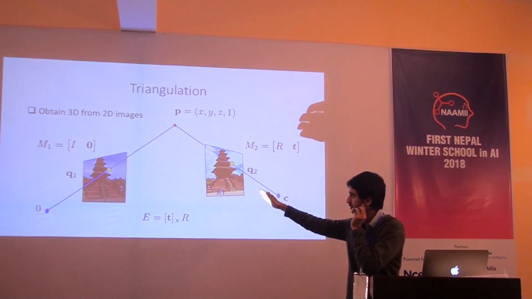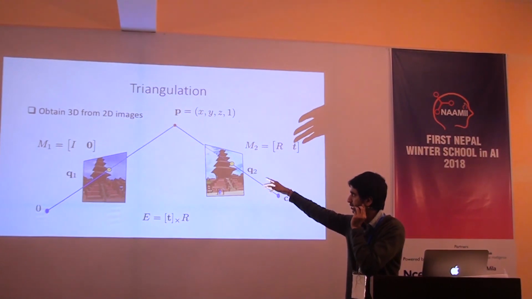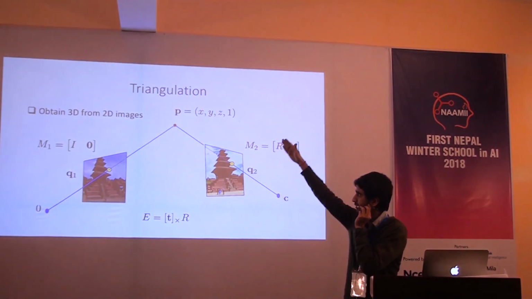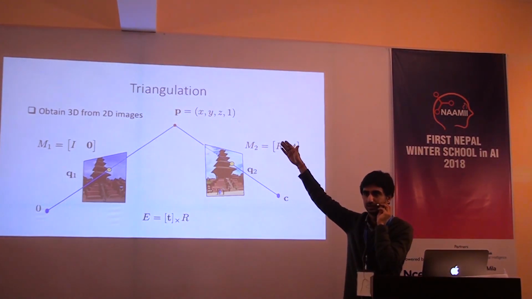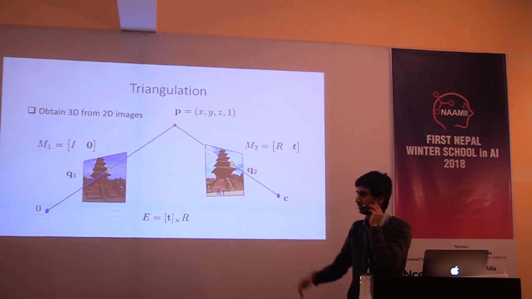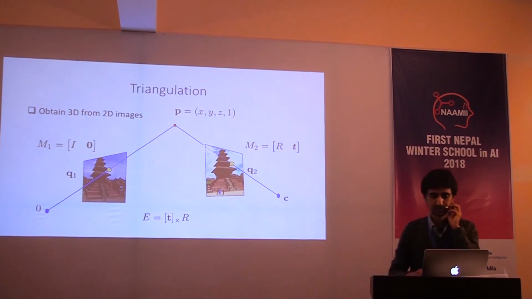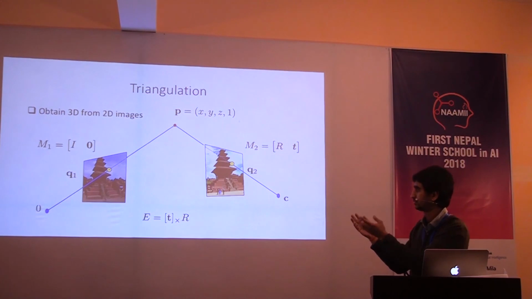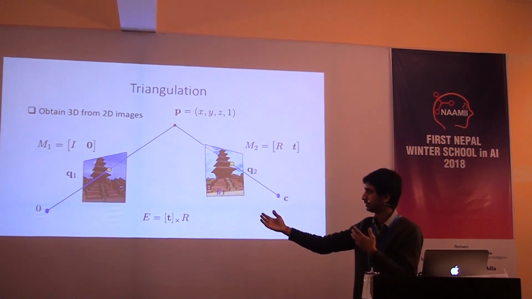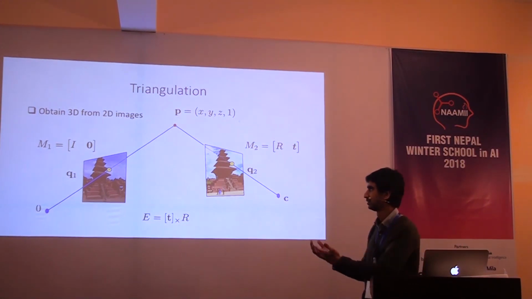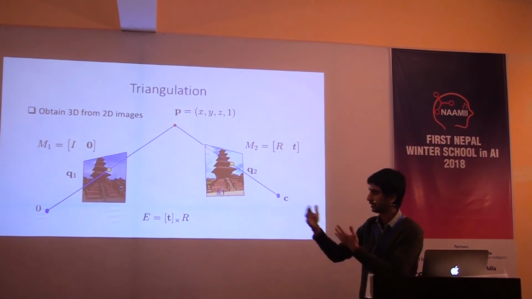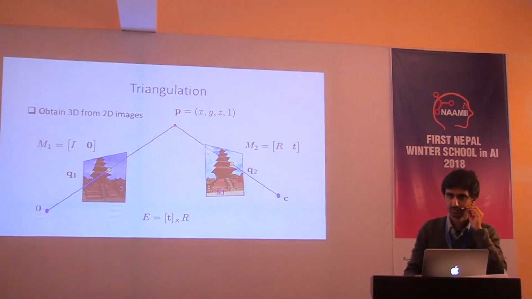You would have the wrong pose and the wrong correspondence, and you would match somewhere and triangulate somewhere else. Whereas in structure from motion, you are solving this together. As soon as you have E, you have both the 3D point and the motion.